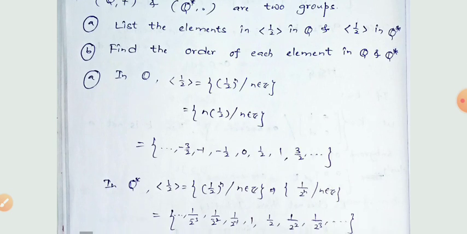Okay, now the solution. (a) In Q, the generator 1/2 is taken.